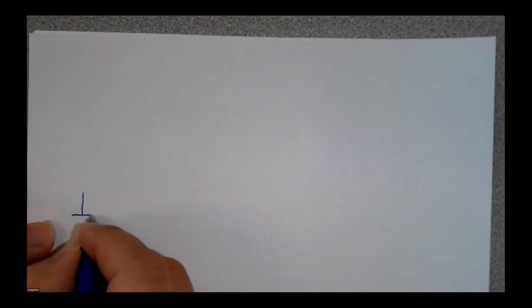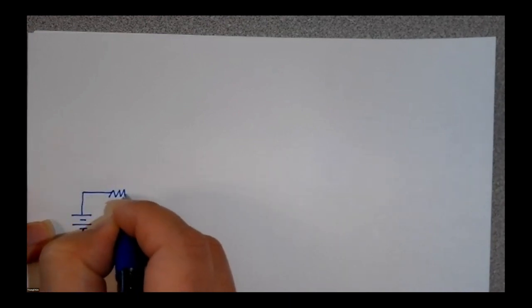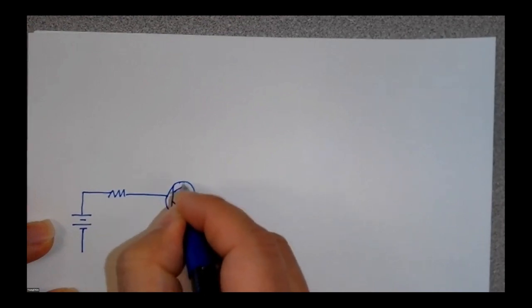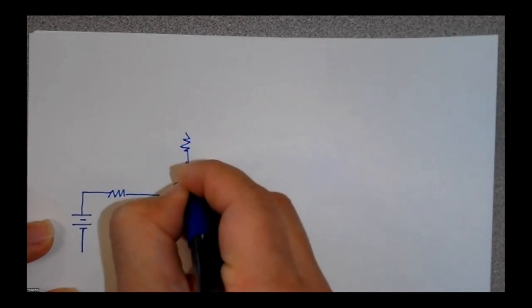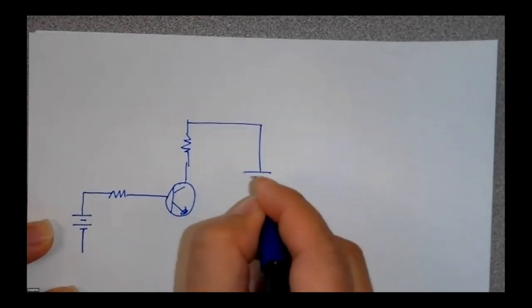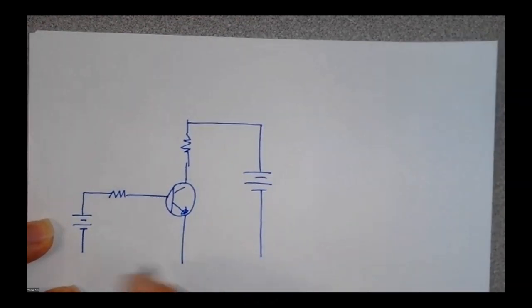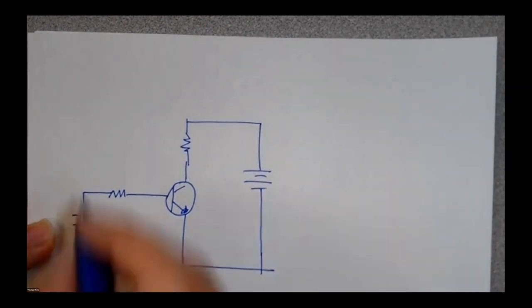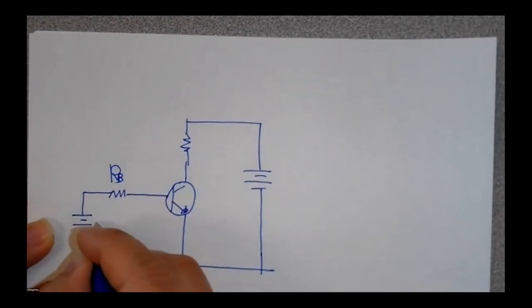So next one, example 3. A little bit boring, but we'll try to do it. Like this one here, that is also V sub CC. Here we go. This is the resistor for the base.